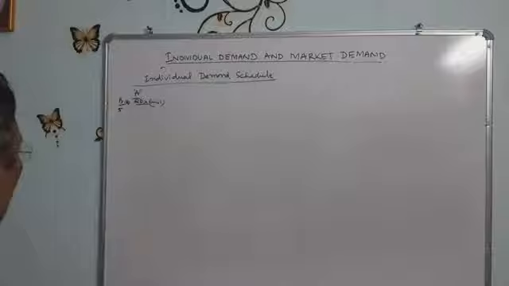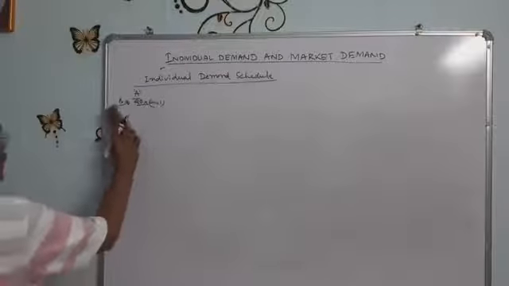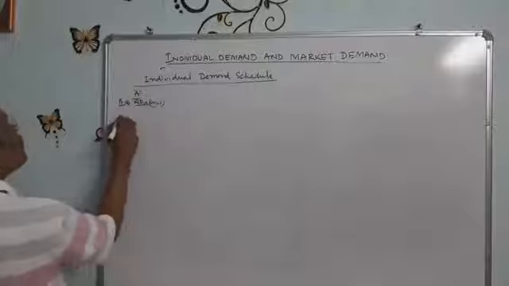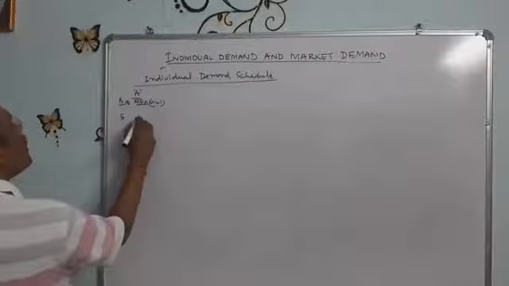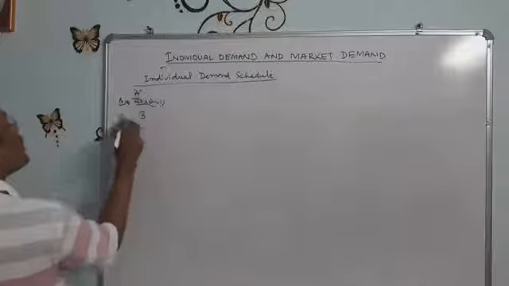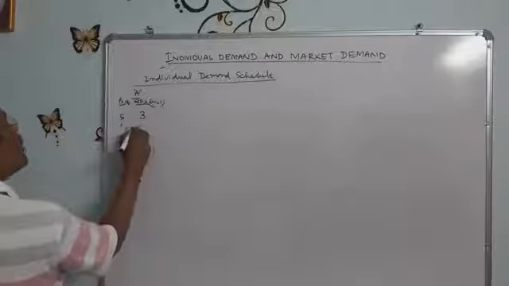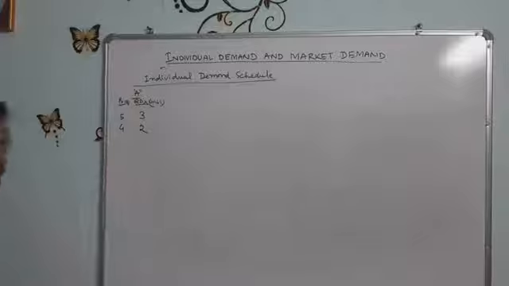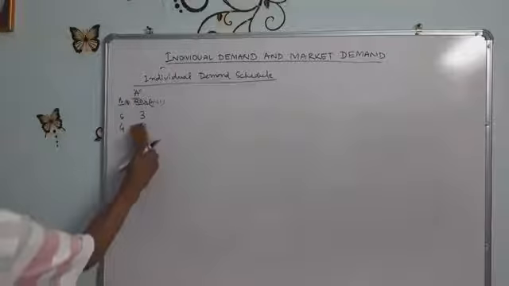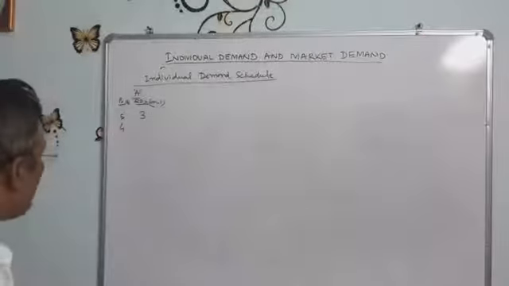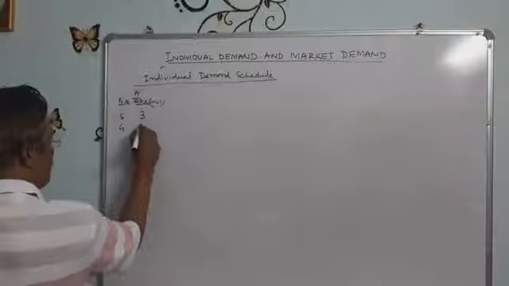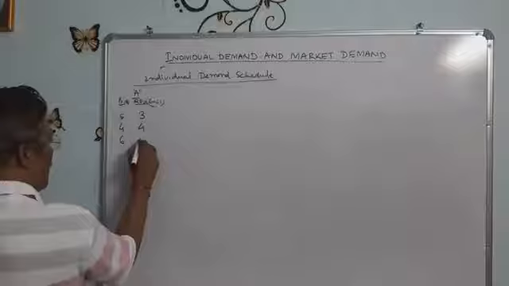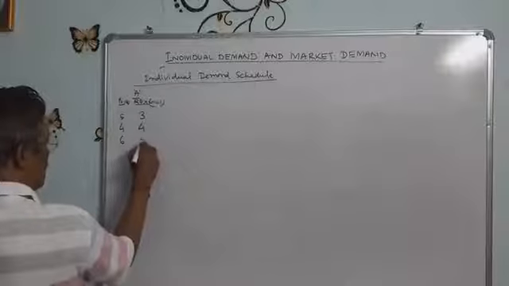Price 5, quantity demanded 10 units. Price 4, quantity demanded may be 2 units. Price 4, quantity demanded is 4 units, and price 6, quantity demanded is 5 units.